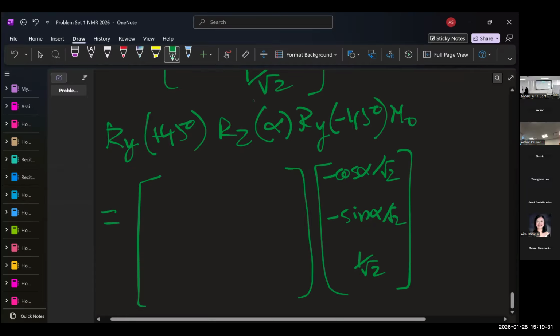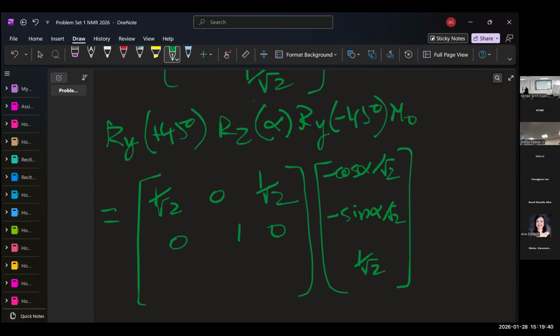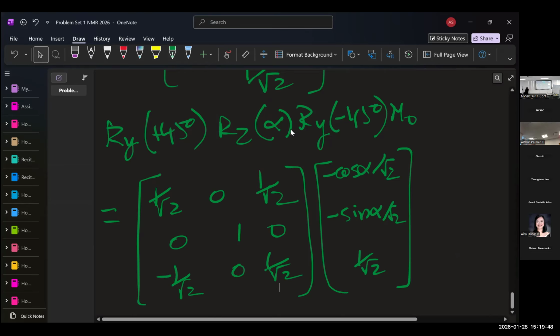So if we started with minus cosine alpha over √2, at the end the X part stays on X, so we have minus cosine alpha over √2 times cosine of 45, which is another 1/√2.